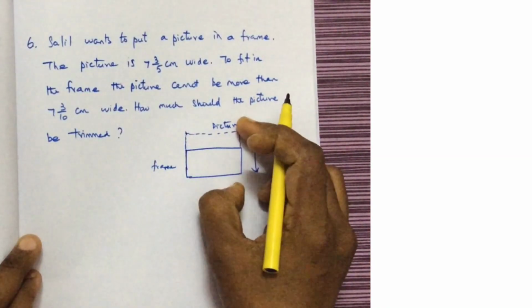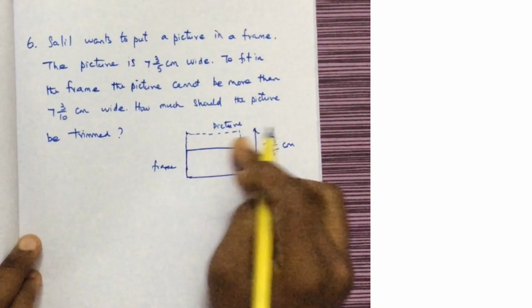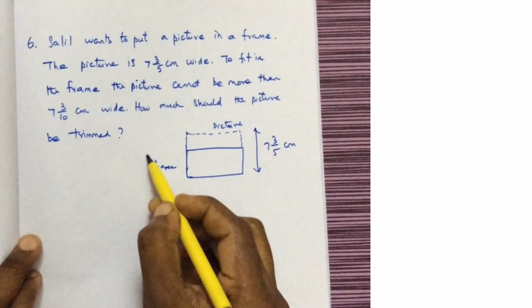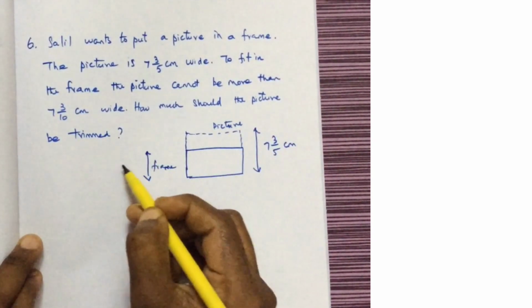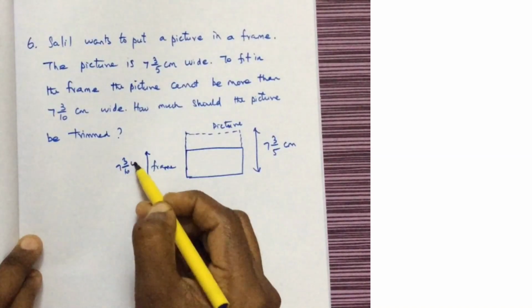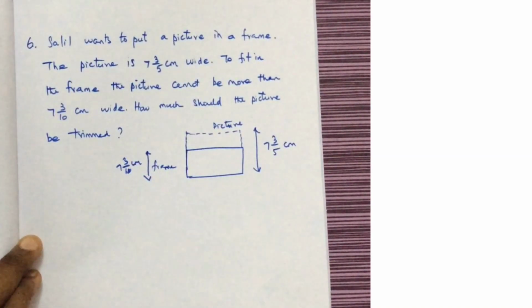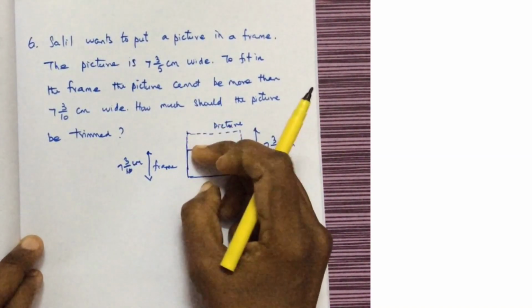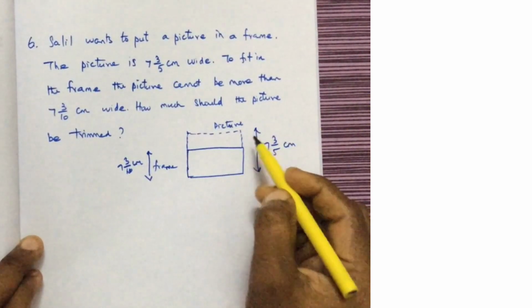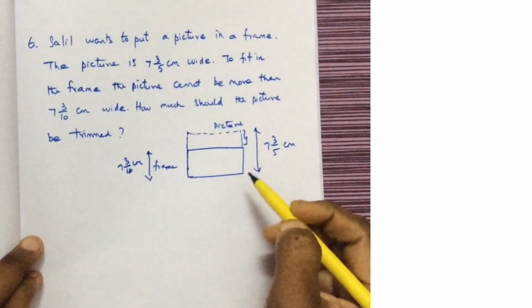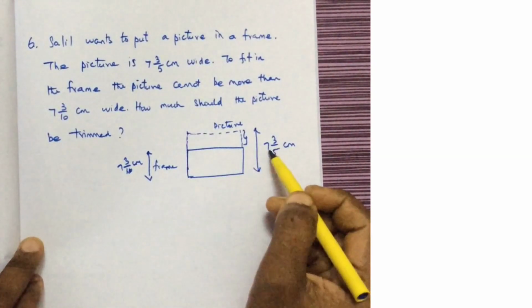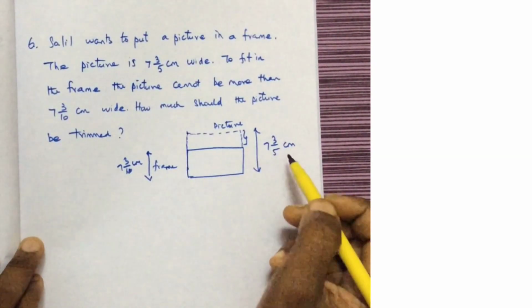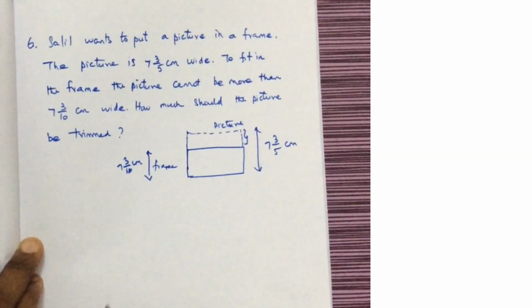I want to put this picture inside this smaller frame. The frame width is 7 3 by 10 centimeter. So I want to minimize this picture to this, and cut this remaining thing. So I have to do 7 3 by 5 minus 7 3 by 10 centimeter.